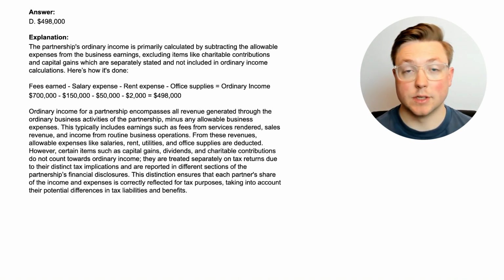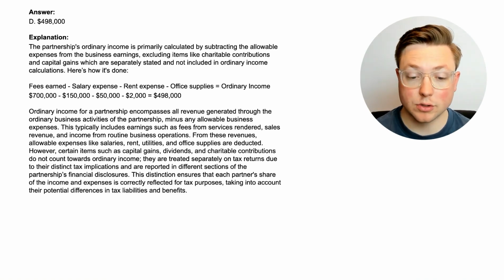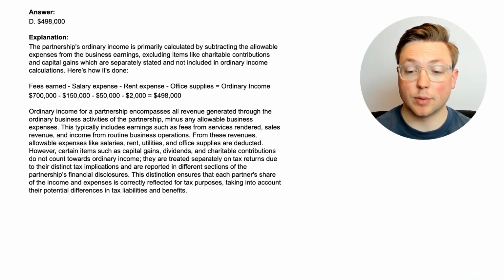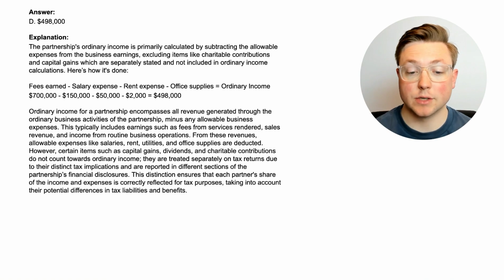However, certain items such as capital gains, dividends, and charitable contributions do not count towards ordinary income. They are treated separately on tax returns due to their distinct tax implications and are reported in different sections of the partnership's financial disclosures. This distinction ensures that each partner's share of the income and expenses is correctly reflected for tax purposes, taking into account their potential differences in tax liabilities and benefits.